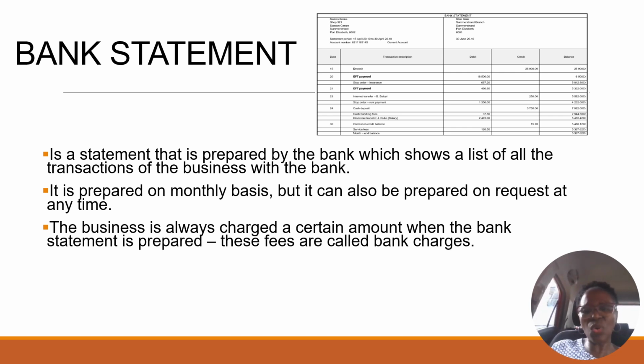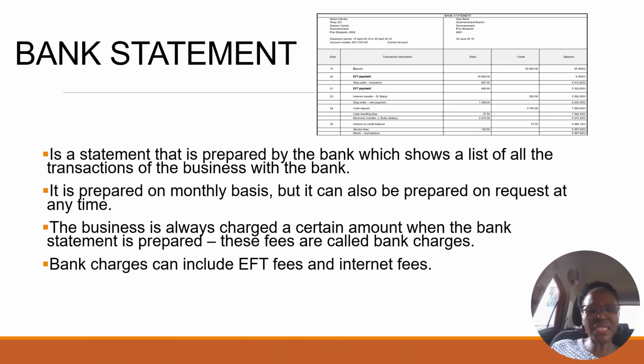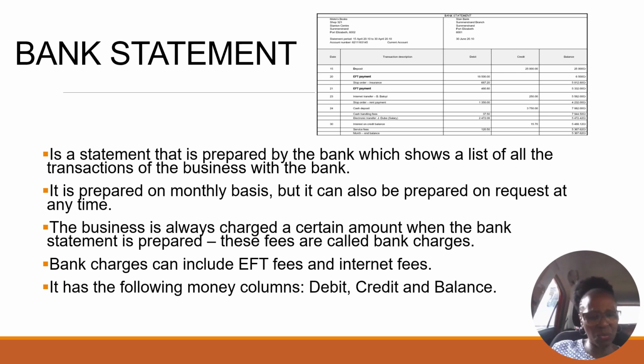These fees are called bank charges. Bank charges can include EFT fees and internet fees. It has the following money columns: debit, credit, and balance. Those are the columns that we find in the bank statement.